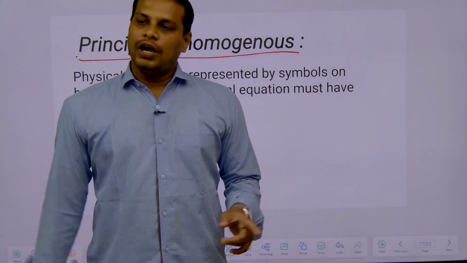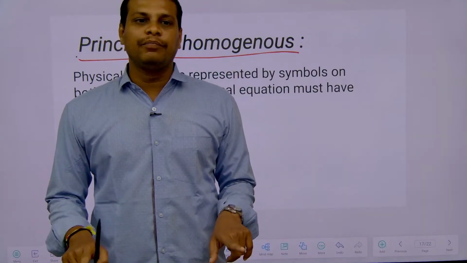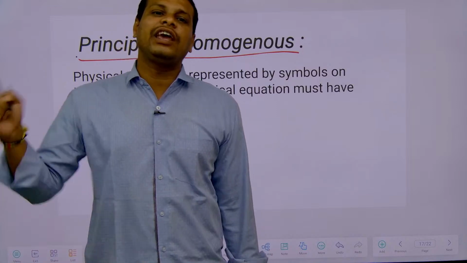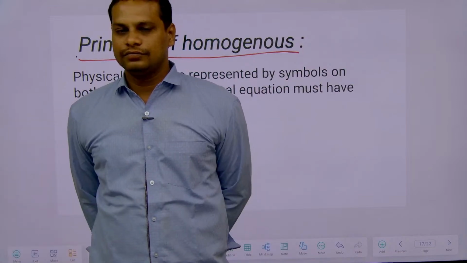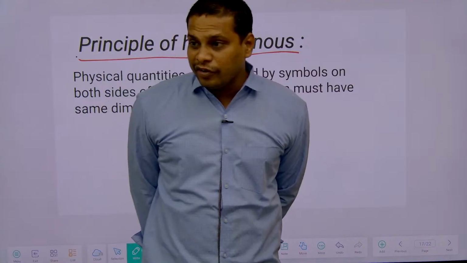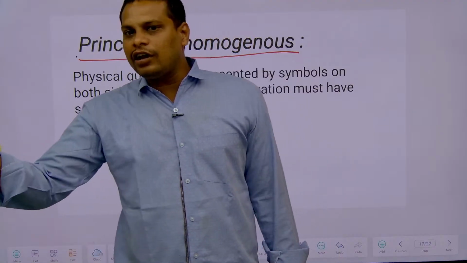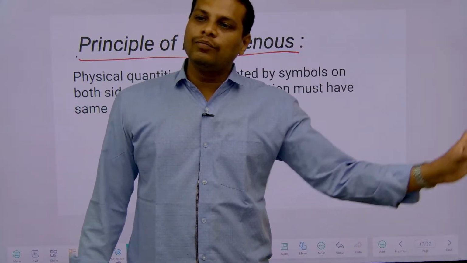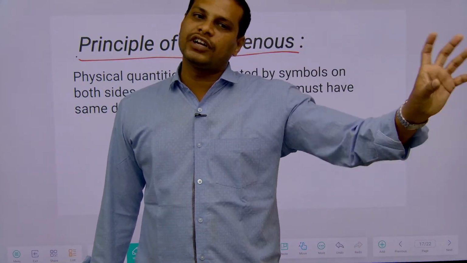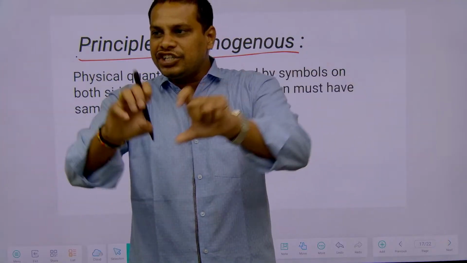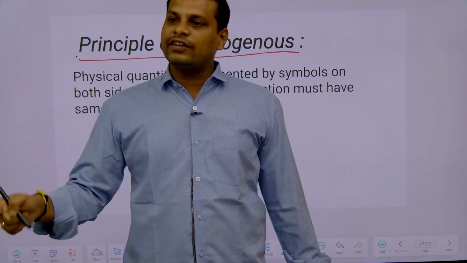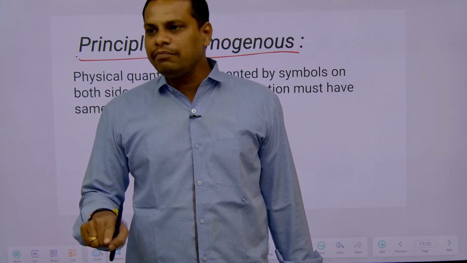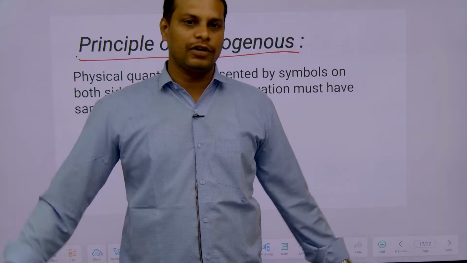Addition or subtraction should be taken between physical quantities having the same units or same dimensional formula. Which means I'll take a physical quantity represented in kg, and one more physical quantity also represented in kg.